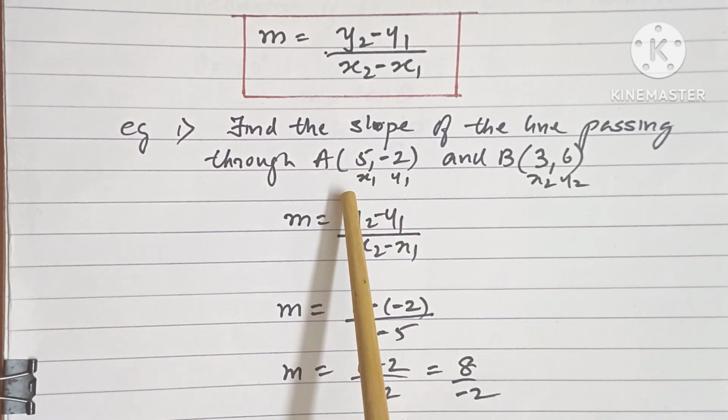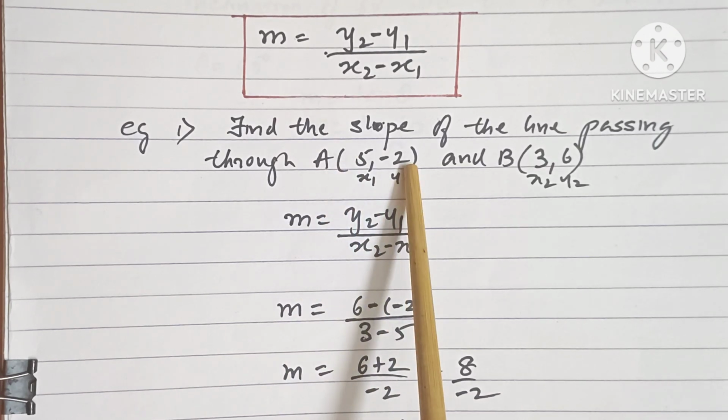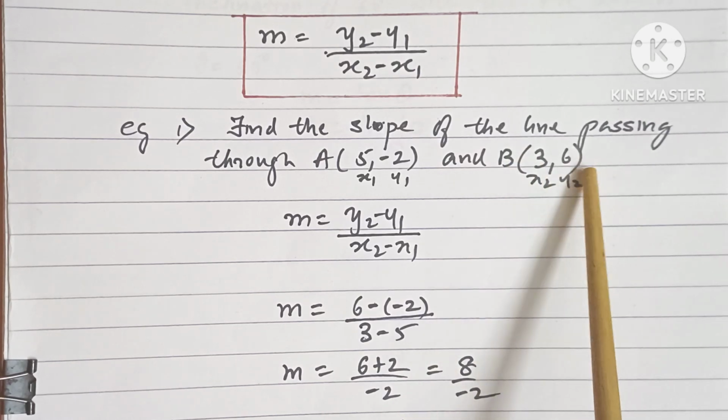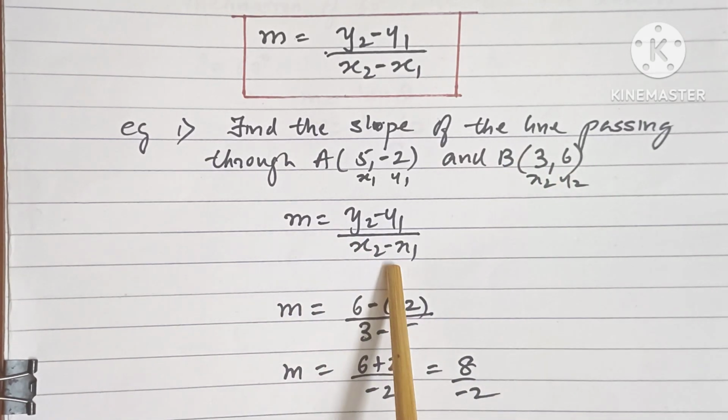So now let us say that x1 be 5 and y1 be minus 2 and x2 be 3 and y2 be 6. So slope m is equal to y2 minus y1 upon x2 minus x1.